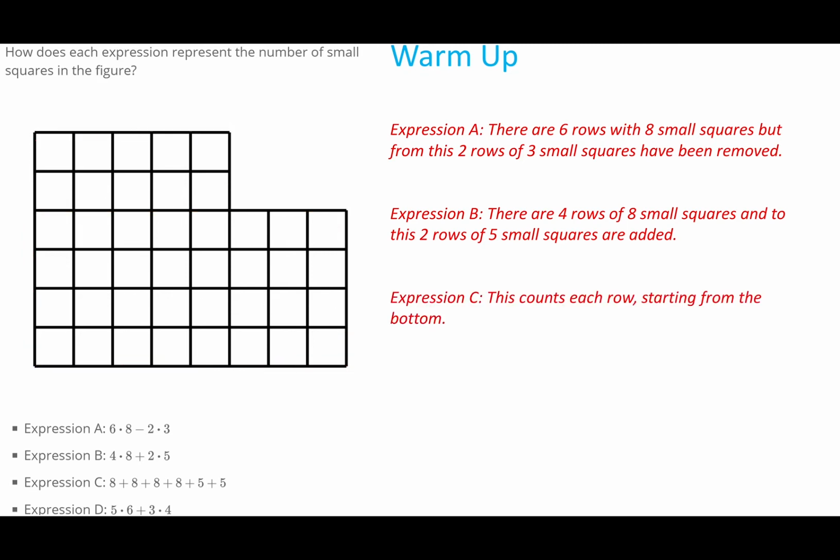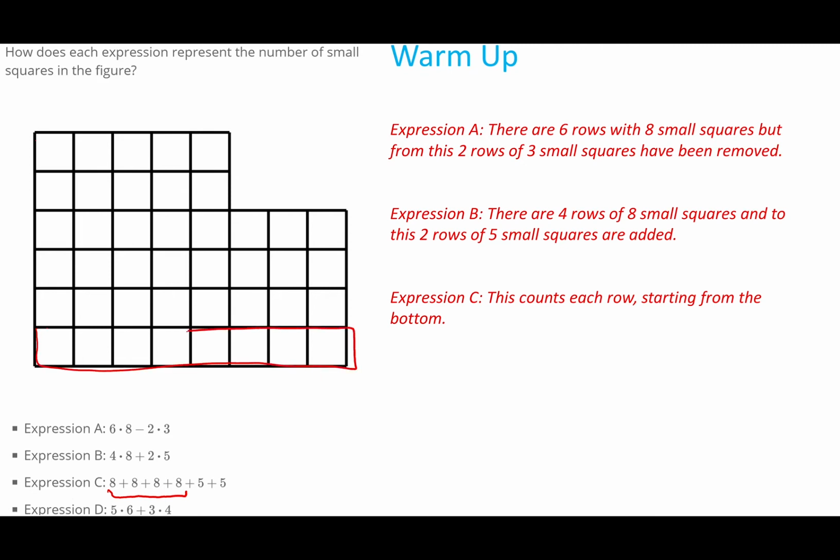Expression C, 8 plus 8 plus 8 plus 8 plus 5 is also actually really similar to expression B because we have these 8s being added up, 4 of them. This is like saying instead of 4 rows of 8, this is counting them up separately.